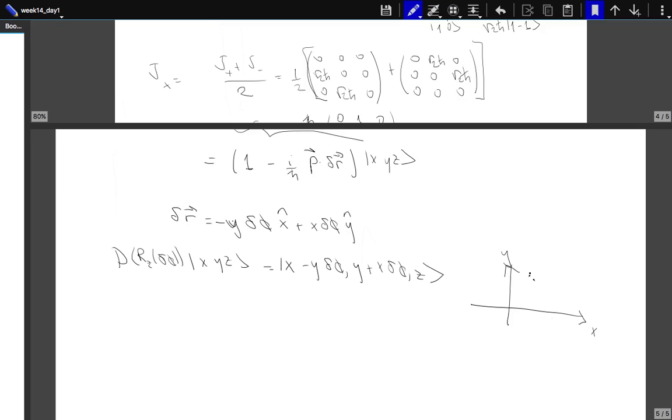X coordinate is slightly shifted to negative values, y coordinate is slightly shifted to positive values. But this is nothing but a rotation by delta phi. This angle over here is delta phi. So it does generate rotations for x, y, and z coordinates.